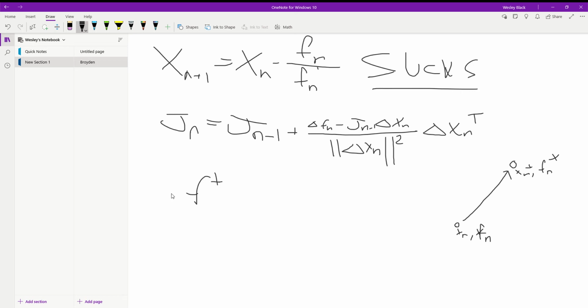So we've got our f plus, and that, based upon a couple other things, is going to be equal to f1 plus some stuff I really don't want to write because it's a bit of a mess.